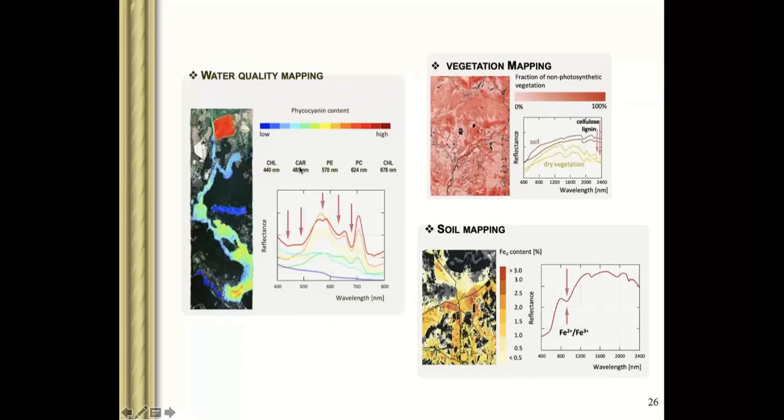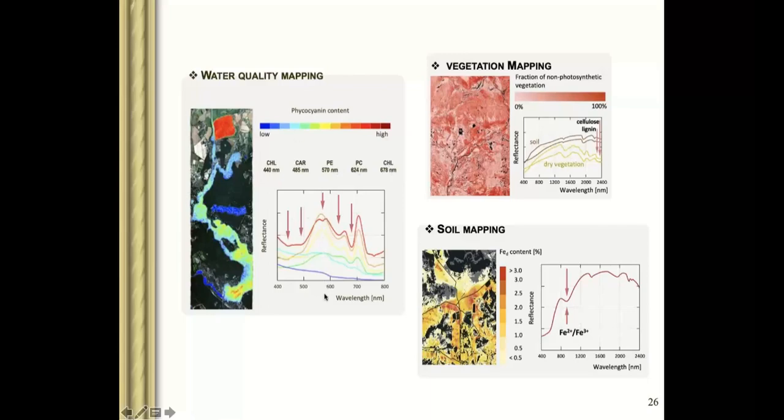Then water quality: we have chlorophyll, phycocyanin content, phycoerythrin, and carotenoid. These are different biochemical parameters that exist in water quality: chlorophyll, carotenoid, phycoerythrin, and phycocyanin.